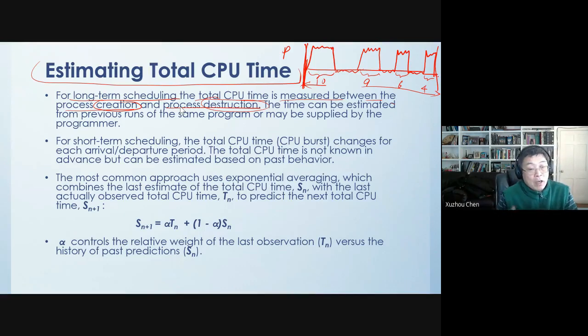For example, scientific computing software will most likely take the same amount of CPU time. It's unlikely that this time it takes 1 second and the other time 100. It's not really predictable. That's not the case.